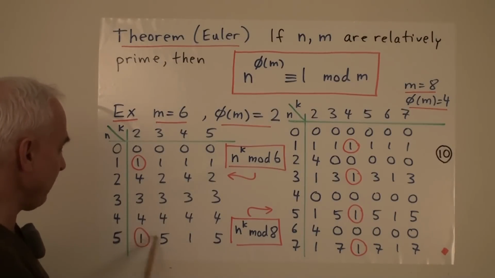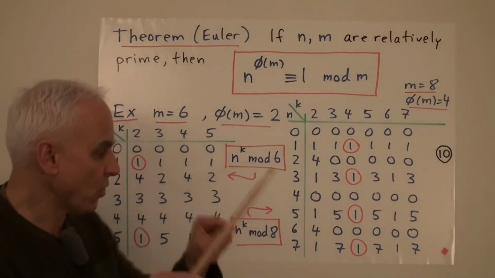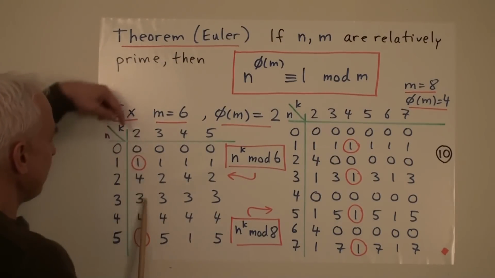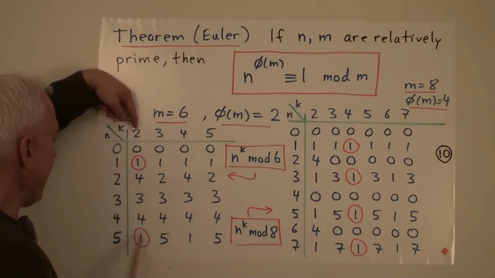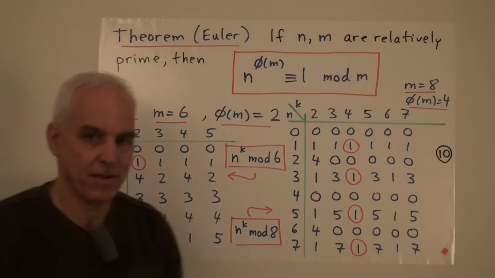So it goes 5, 1, 5, 1, 5, 1, etc. But Euler is saying that if we look at just the second power, since phi of m equals 2, then whenever we have a relatively prime number, namely 1 and 5, their square will be congruent to 1 mod 6.